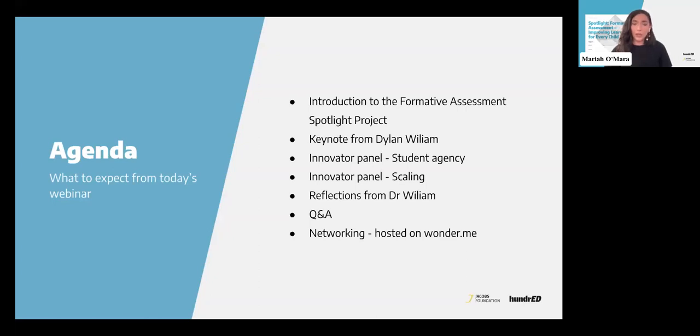We will then introduce some of our selected innovators who will be divided into two panels, one on student agency and the other on scaling. This discussion will be moderated by my colleague, Clara Garcia-Millán. And after that, we will hear a reflection from Dr. Wiliam, who will act as a discussant. We'll then move into a short Q&A before we move to another platform for some virtual networking.